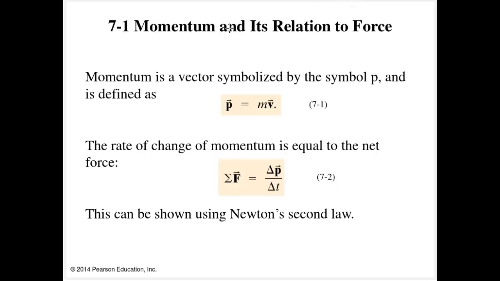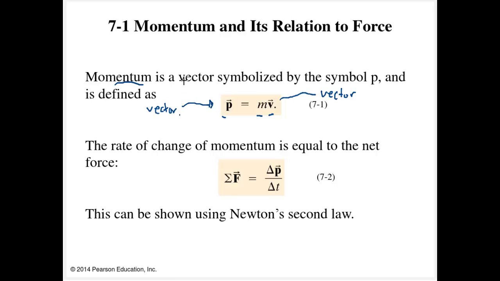So let's start by defining what momentum is. Momentum is going to be this symbol P here, and it's related to an object's mass and the object's velocity, keeping in mind that the object's velocity is also a vector quantity. Therefore, momentum is a vector quantity.